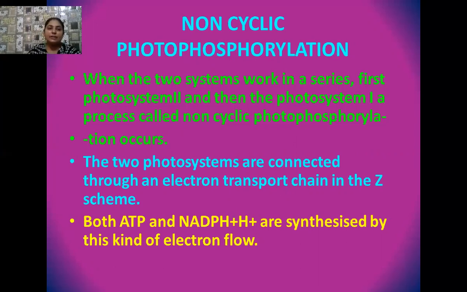And when these electrons receive the characteristic wavelength of light corresponding to 680 nanometer, they do an uphill movement, and they come in contact with various types of primary receptors such as plastoquinone, cytochrome complexes, and plastocyanin, and at each step they lose a certain amount of energy, and that energy is later stored in the form of ATP.